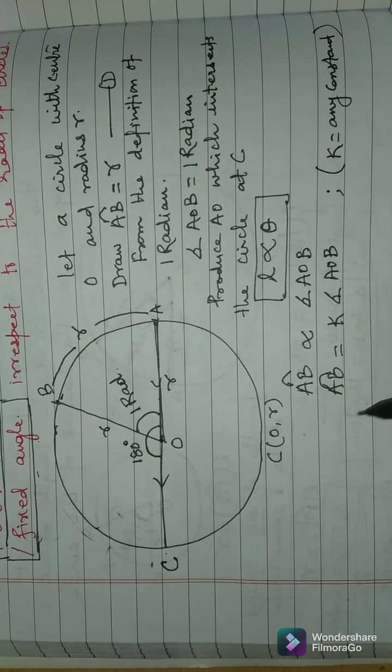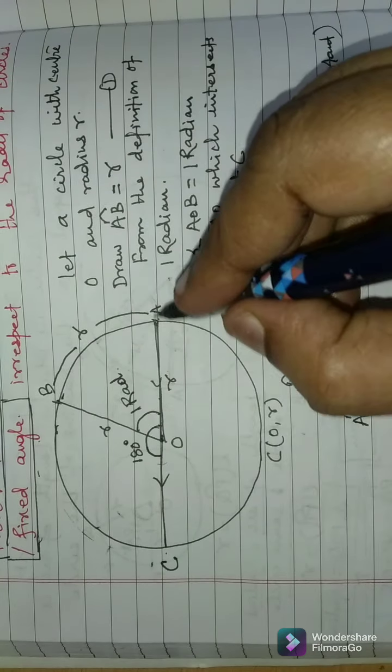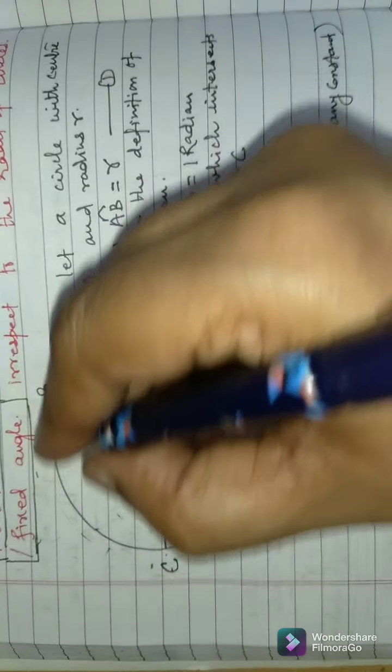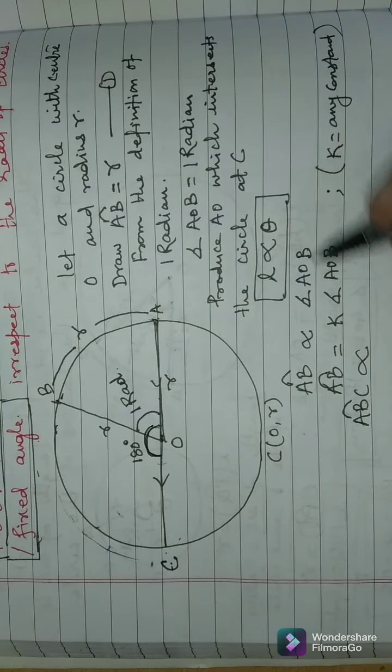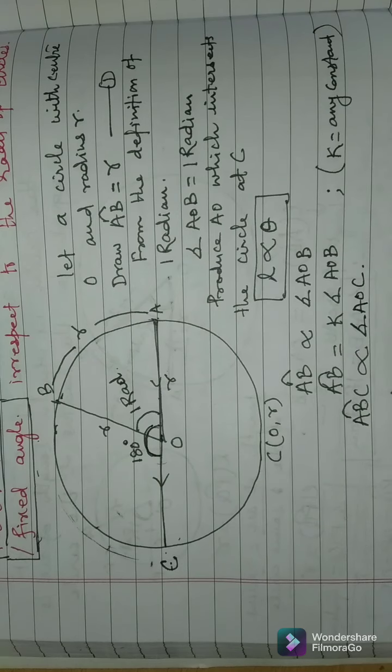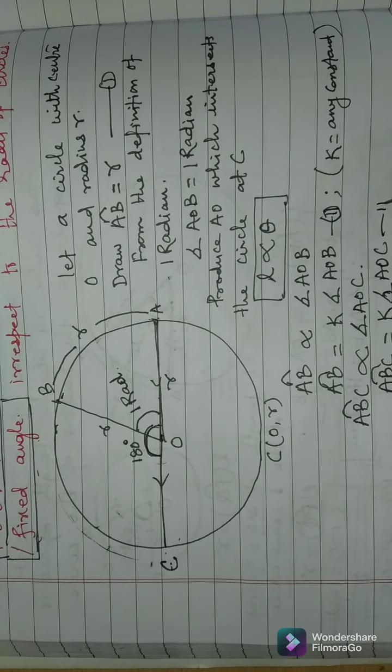Similarly, ABC arc is directly proportional to which angle? Angle AOC, because ABC arc makes this angle AOC or COA, whatever you say. So arc length ABC is equal to K times angle AOC. So this is taken as 1, as 2, and this is 3.